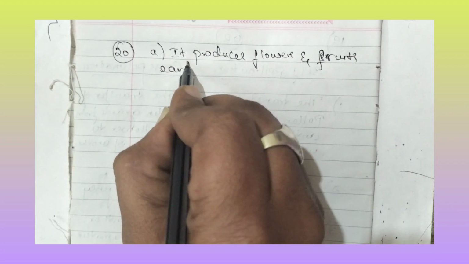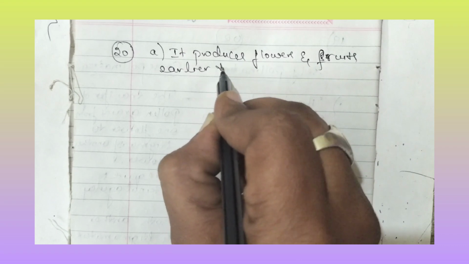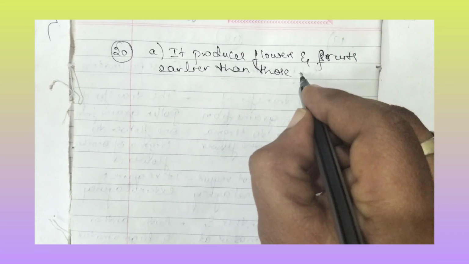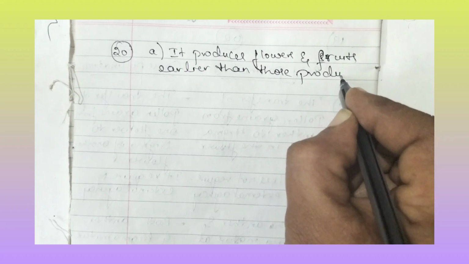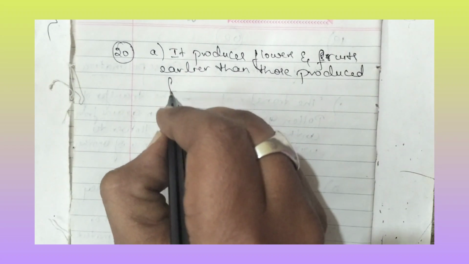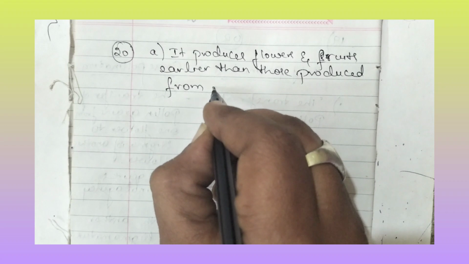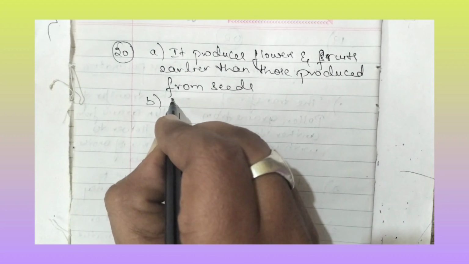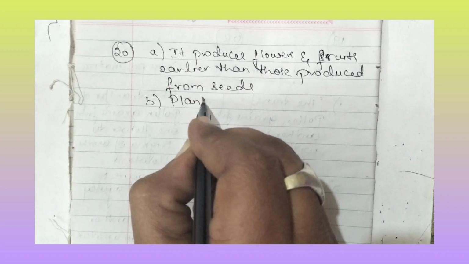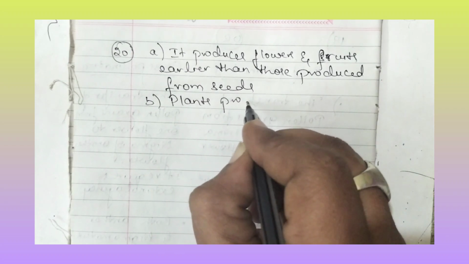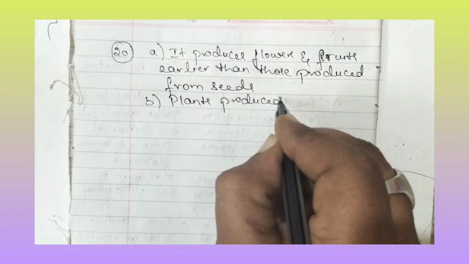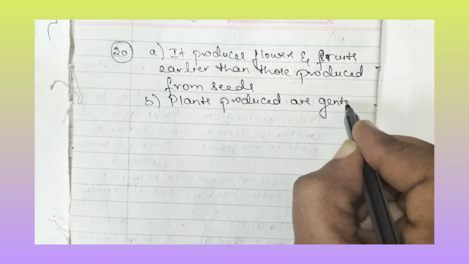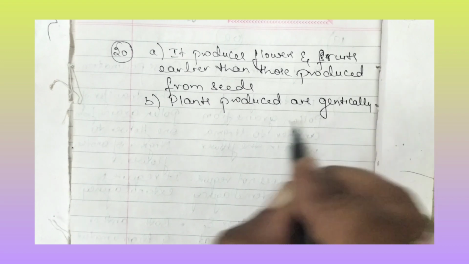earlier than those produced from seeds. So this is the first advantage. The second advantage is that plants produced by vegetative propagation are genetically similar.